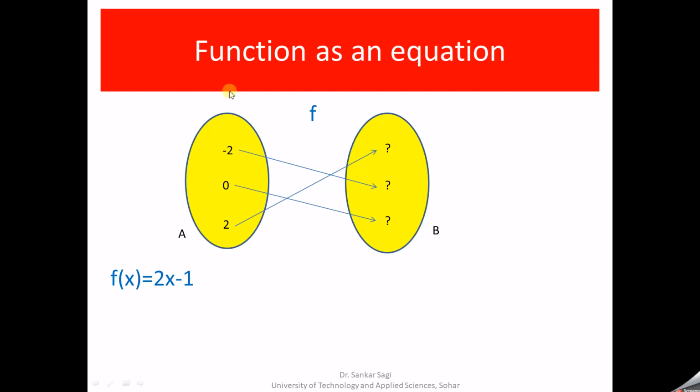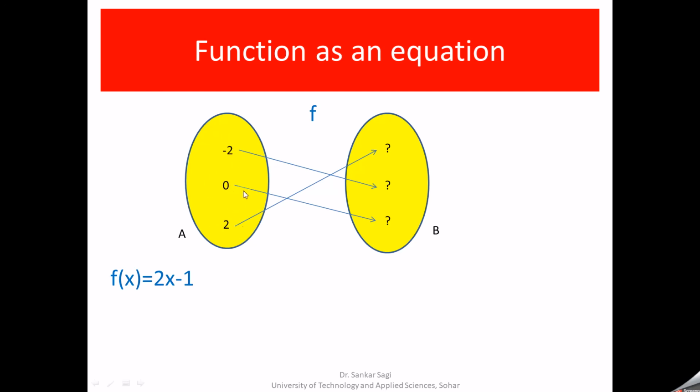Now let us take a function as an equation. Here the range is given by this equation, f of x is equal to 2x minus 1. F of x is nothing but the image of the variable x, and x is the independent variable, which denotes the values in the domain. Here the domain contains the elements -2, 0 and 2.